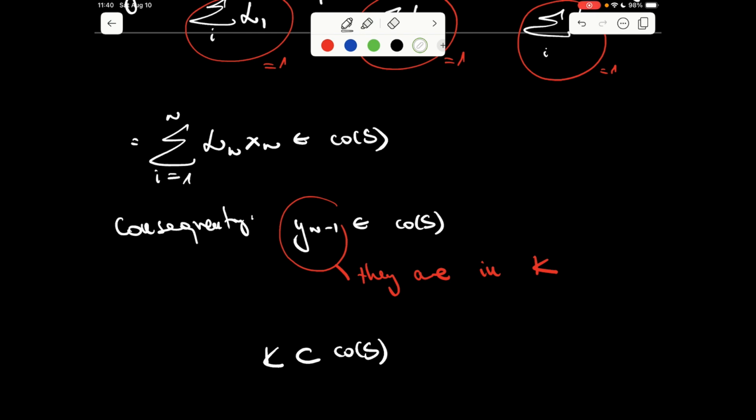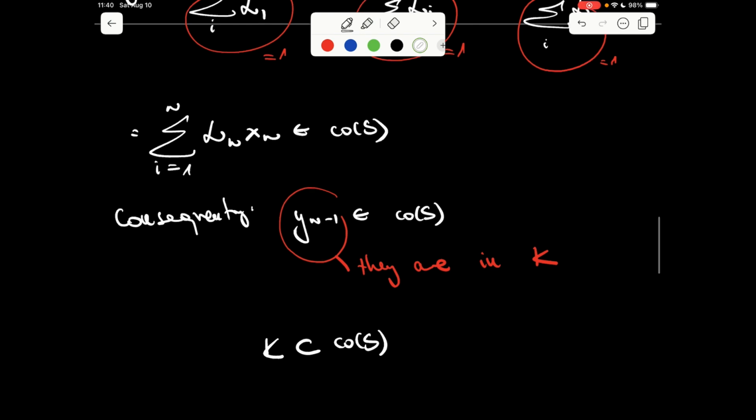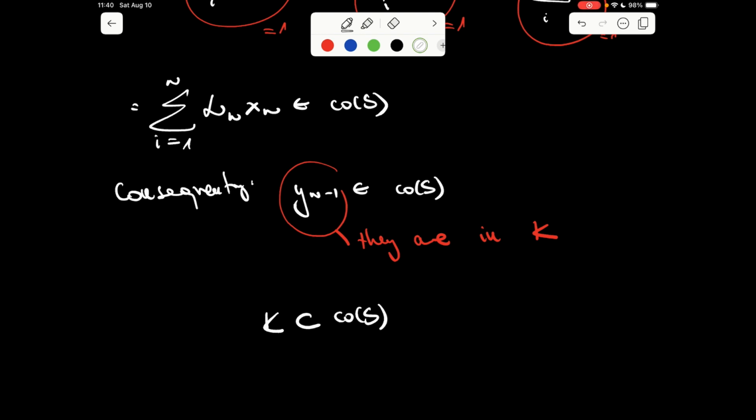Okay, so the logic of problems 3 and 4 is the same.